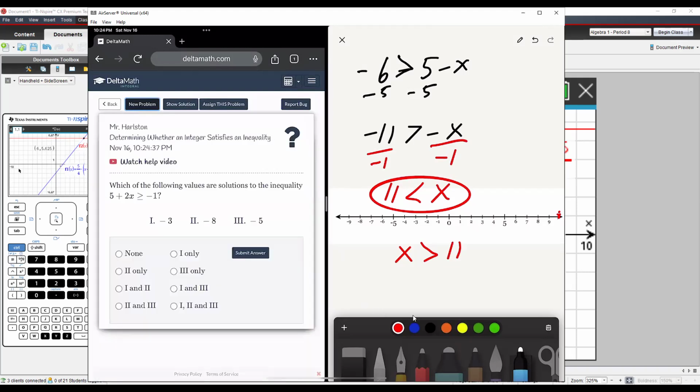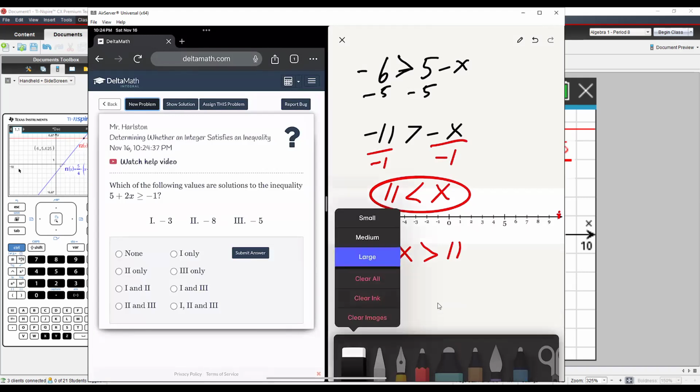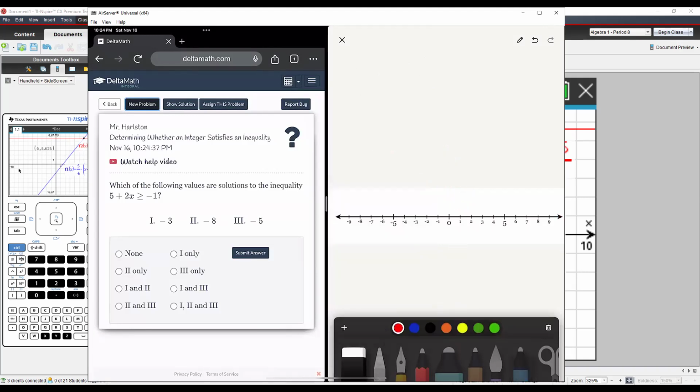Now, this time I'm going to use the calculator. So let me get rid of this, clear it. All right, so now I've got 5 plus 2x is greater than or equal to -1. So now I'm going to use the calculator for this.